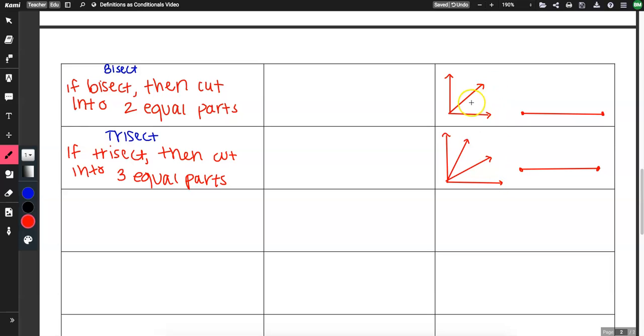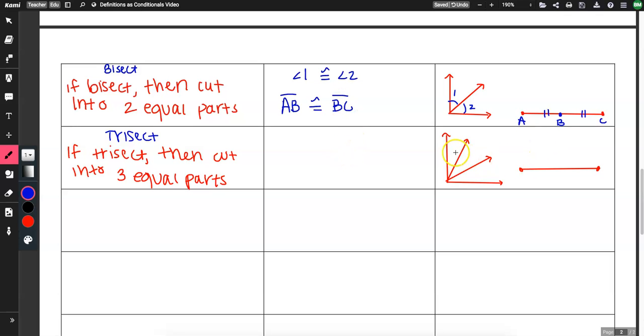So for our bisect, let's say we have angle 1, angle 2. We're assuming this is bisected. Obviously, in a proof or a real problem, it would state that, but we'll say that it is. So angle 1 is congruent to angle 2. For a segment, let's say these guys are congruent. AB is congruent to BC.